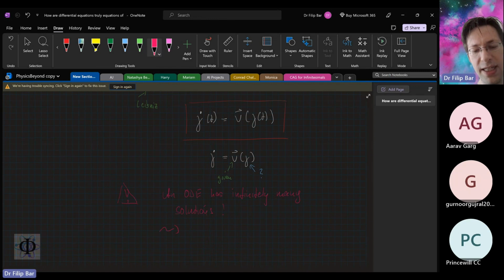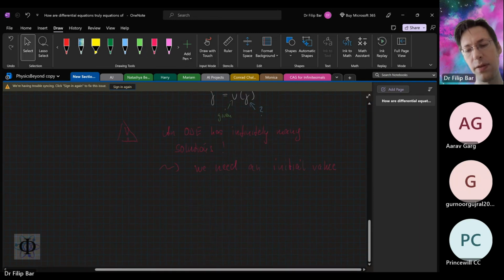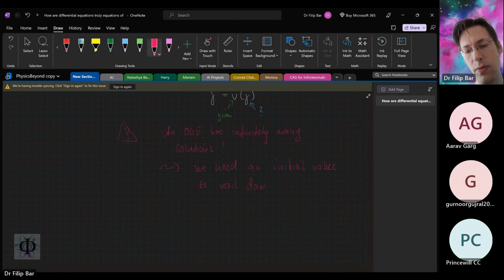We need an initial value to nail down one. So I need to know, well, at time equals 0, maybe the curve has to equal this point.